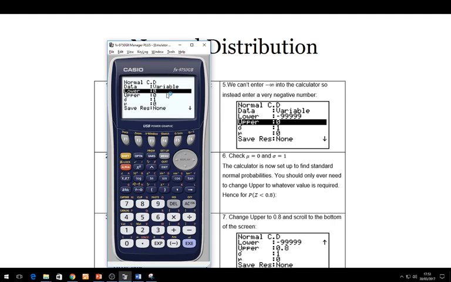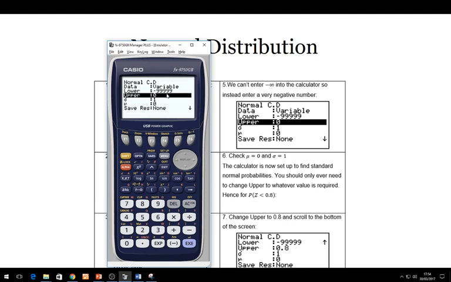For us to get all of the marks in the exam, we need to always be working from a value less than and all the way down to negative infinity. So my lower limit really should be negative infinity. I can't put that into the calculator, so I'm going to put in a very, very negative number. So negative 99999 should do fine.